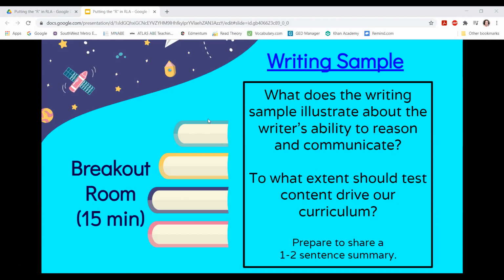So if we can have one member from each breakout room chat a 1 or 2 sentence summary of your discussion, or if you can't do a summary, one important takeaway from your discussion, I'd like you to put that in the chat box, and I'd encourage everybody to take a few minutes to read the comments from your colleagues.